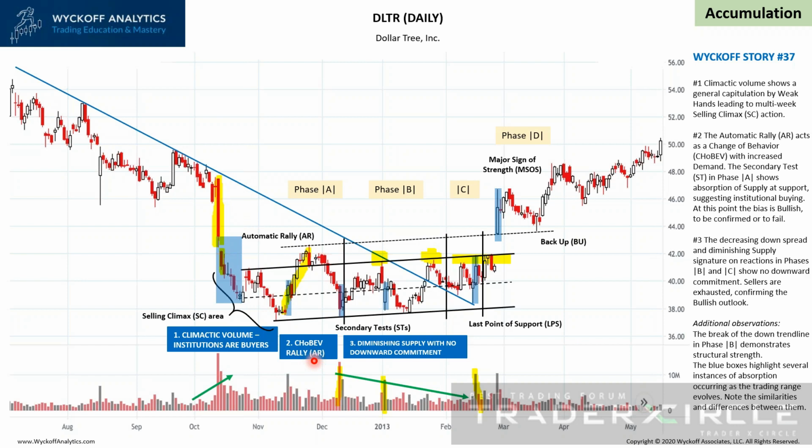Why this particular stopping action is so important for me? Because many times the stopping action not only defines the boundaries of the range, but also defines the way price will potentially move in this trading range and even the uptrend.